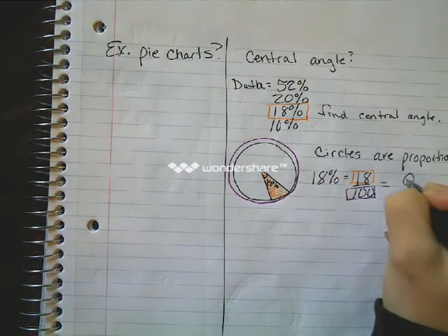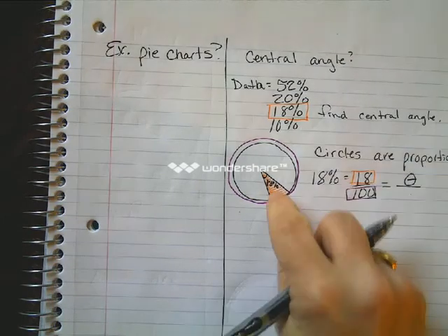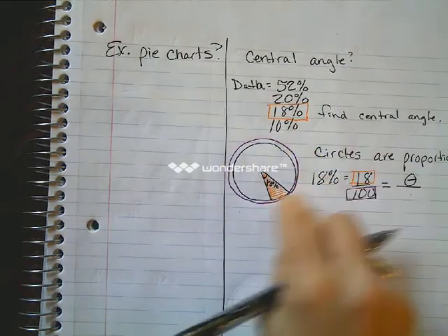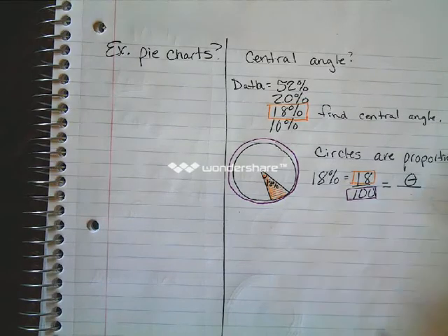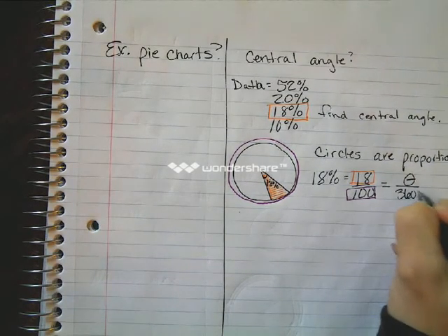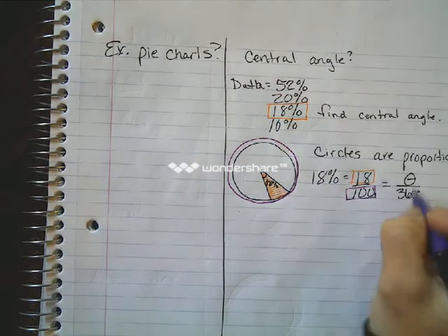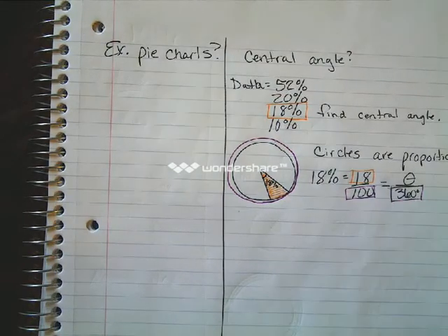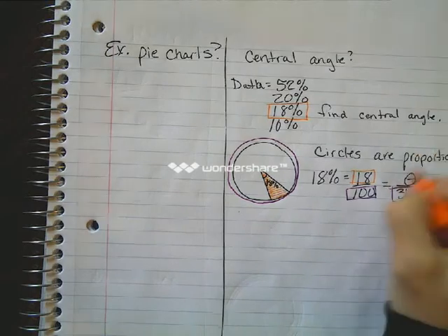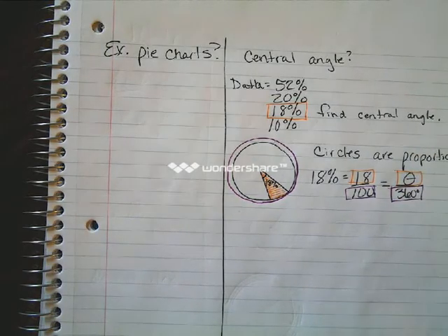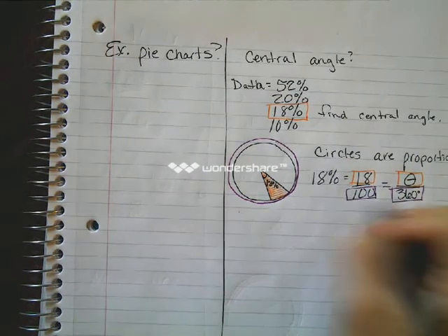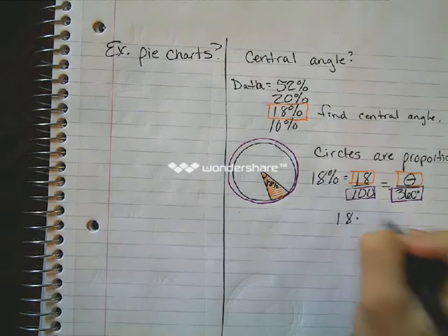And now I can cross multiply and solve. So 18 times 360 equals 100 times theta. I didn't grab a calculator today. Oh, I must have done this last year. Hold on.